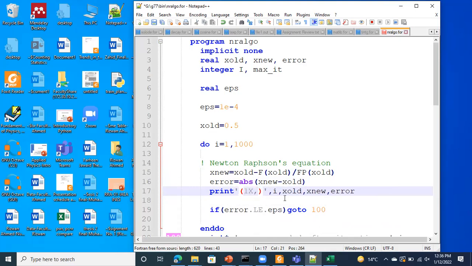I write 1X format, then I write I4, so that it can accommodate a maximum iteration of 1000.